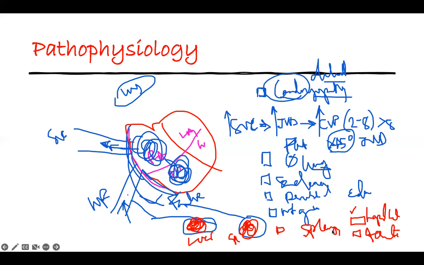So these are the symptoms you see for patients who have right-sided heart failure. You can see how, using the pathophysiology, you can find out all the symptoms the patient is going to have. The best way for you to remember to answer questions on right-sided heart failure is just use this definition. It's a systemic vascular congestion.